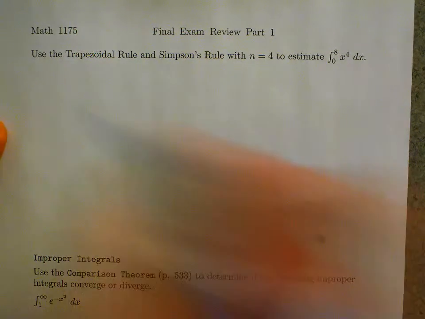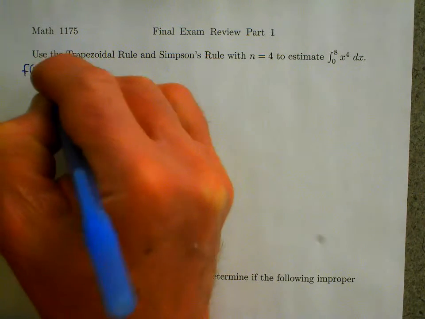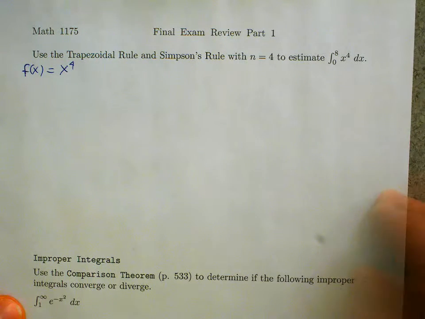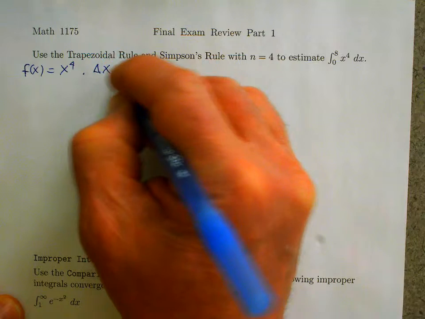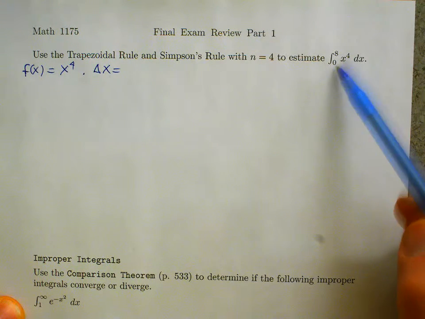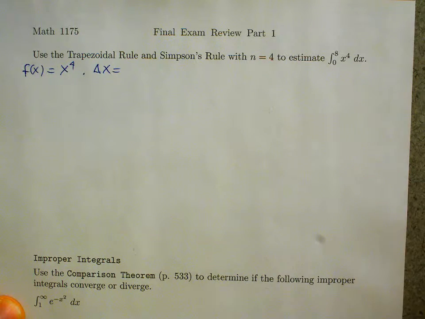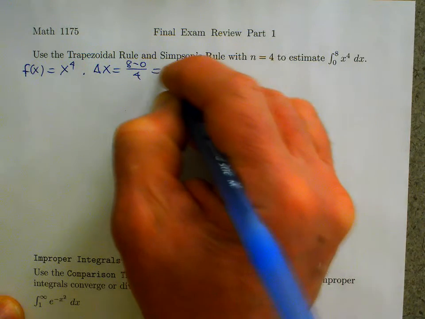So I suppose what I would do is first identify what delta x is. So the interval from 0 to 8, and we want n to be equal to 4. So delta x is 8 minus 0 divided by 4, which is 2.